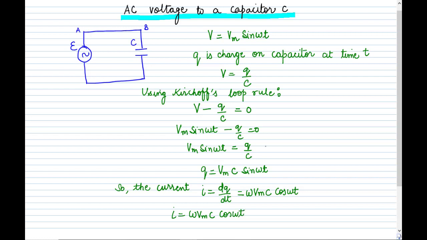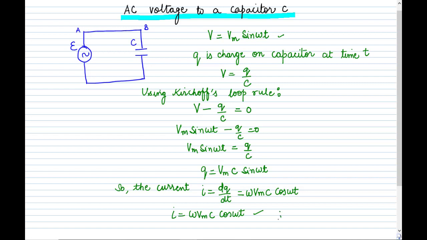So now we want to find out the phase relation between this Vm sin omega t and this I. So now we want to calculate the phase relation between this V and this I. So V is equal to Vm sin omega t and I is in the form of cos omega t. So we can convert this cos omega t in terms of sin omega t, because cos omega t is always sin omega t plus pi by 2.